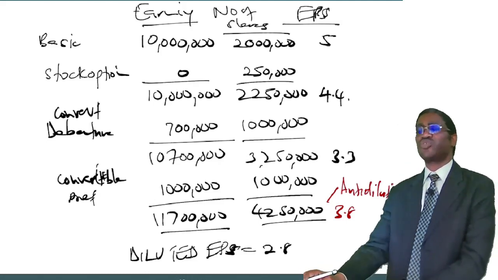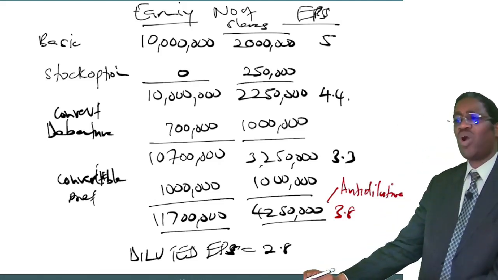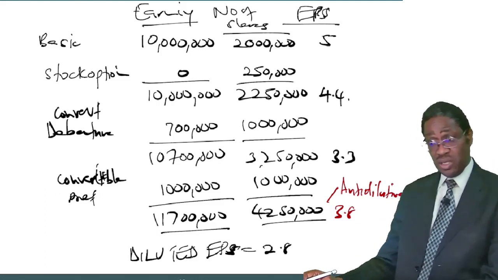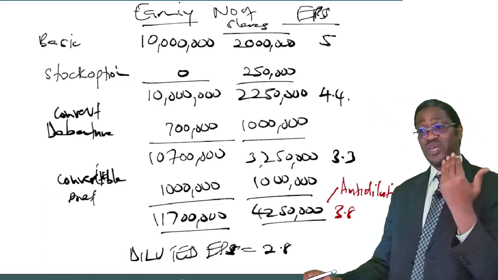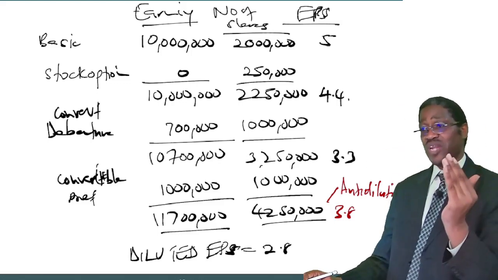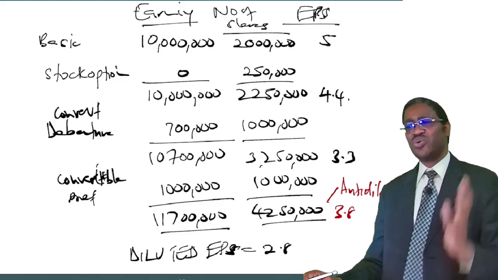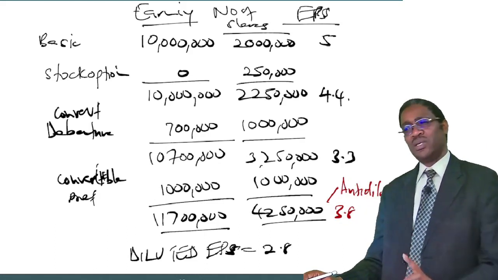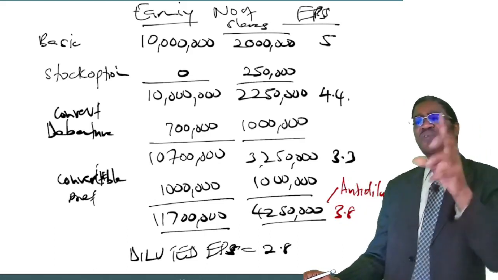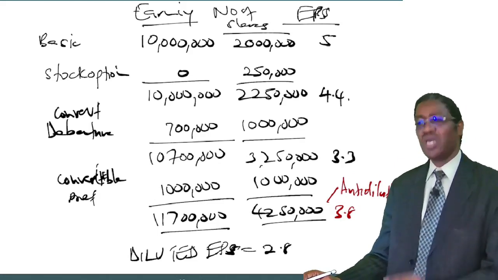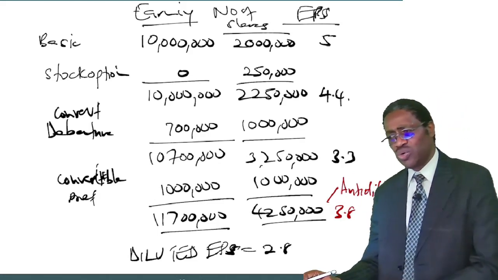So you may be told to calculate the diluted earnings per share. The question: number one, they told you to compute the basic. Number two, they told you to compute the diluted. Then number three, they asked you to identify any anti-dilutive potential ordinary share.